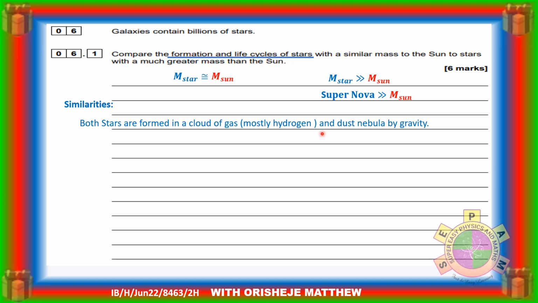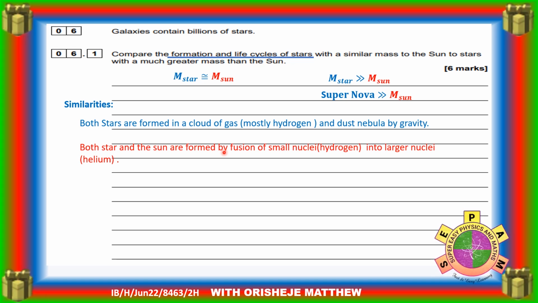So the force of gravity pulls the dust together, and then both stars are formed by the fusion of small nuclei, that is hydrogen, to form larger nuclei, helium. So it is a fusion. The nuclear reaction is the combination of smaller nuclei to form larger nuclei. So that is how stars are formed.